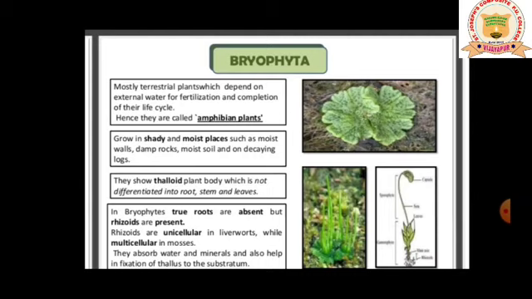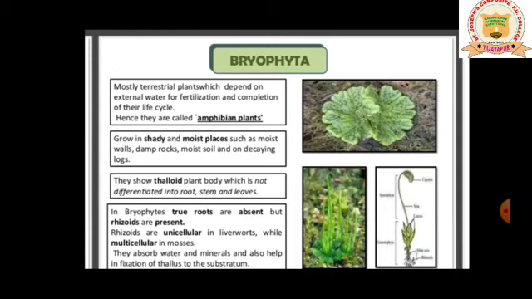Bryophyta includes the various mosses, mostly terrestrial. The Bryophyta are terrestrial plants which depend on external water for fertilization and completion of their life cycle. Hence, they are termed as amphibians of the plant kingdom.